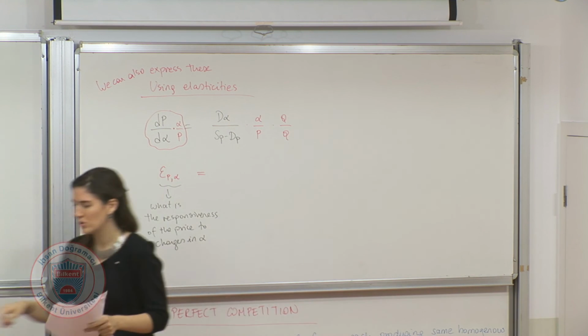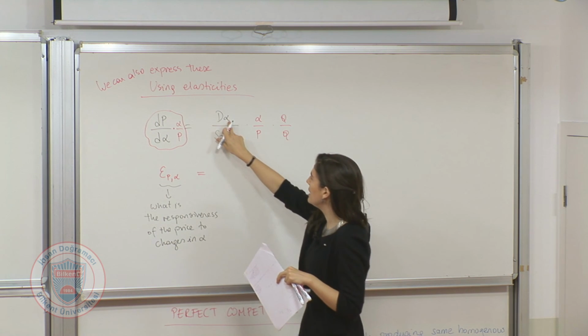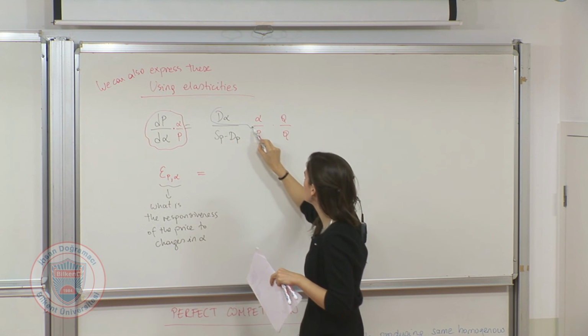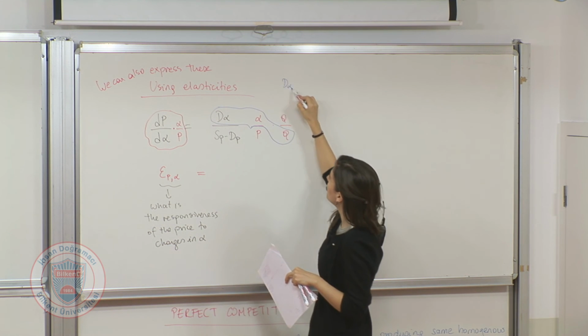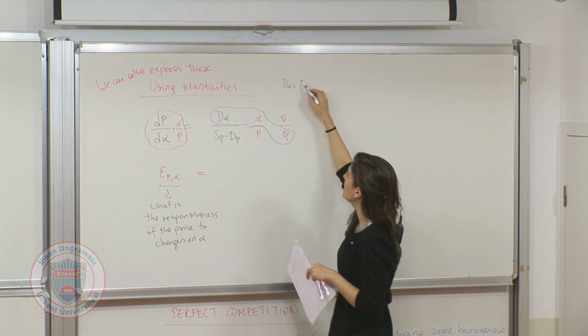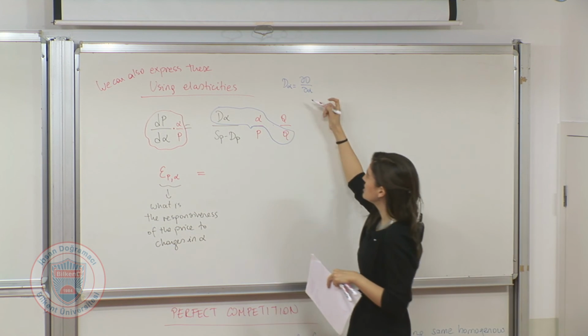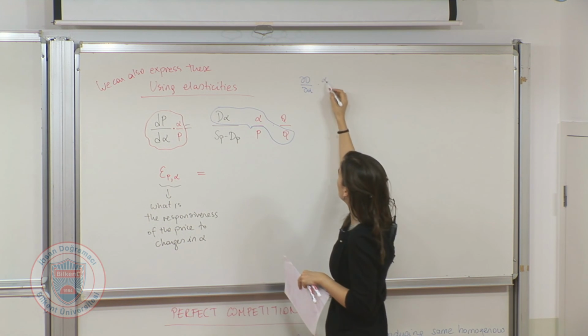Now, what is this? Let's write this. If I take d alpha, what is it? D alpha was the derivative of the demand function with respect to alpha. Times, now here, alpha over Q. This demand is basically quantity, right?